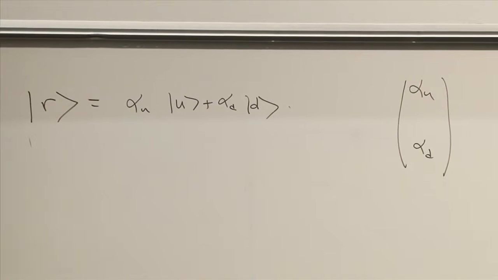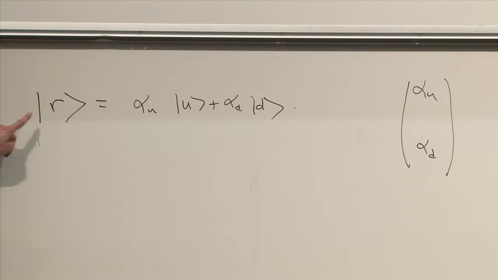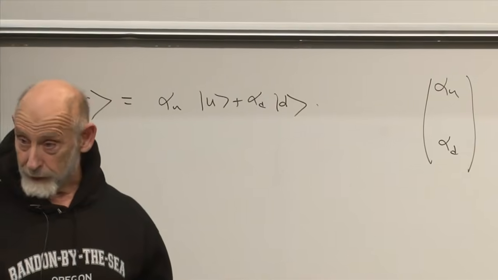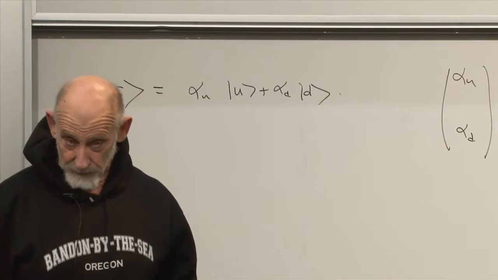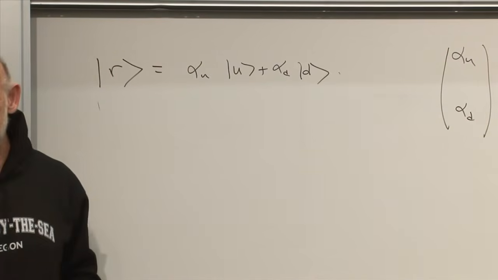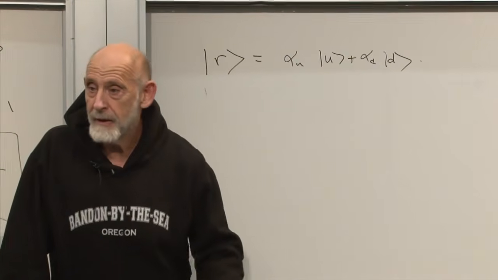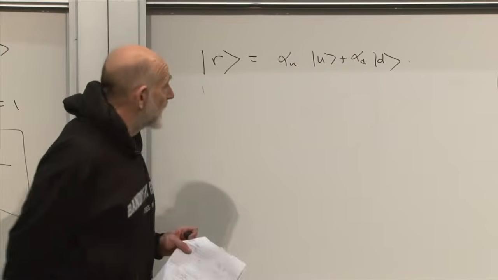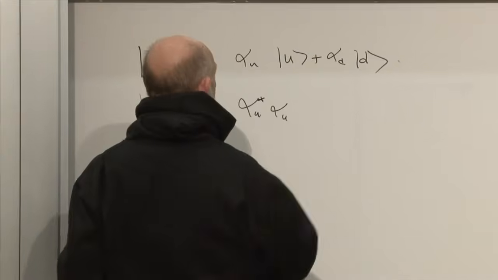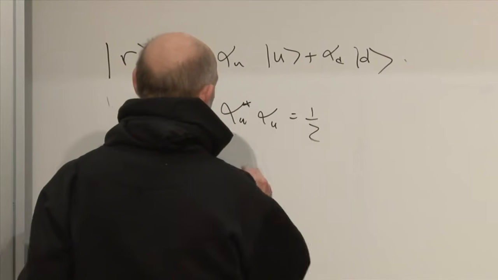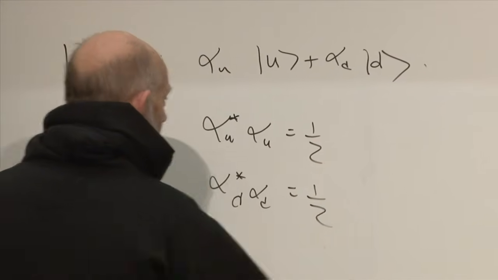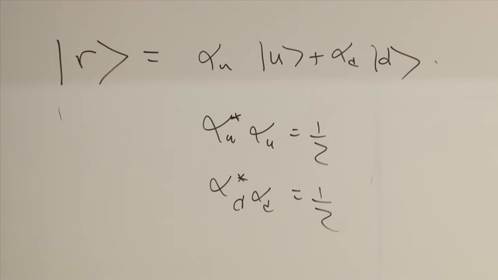Number two, supposing an electron is created pointing along the right direction, the x-axis. What are the probabilities for it to be up and down? You remember? Half. Half. That means that alpha up star alpha up must equal a half, and alpha down star alpha down must equal a half.